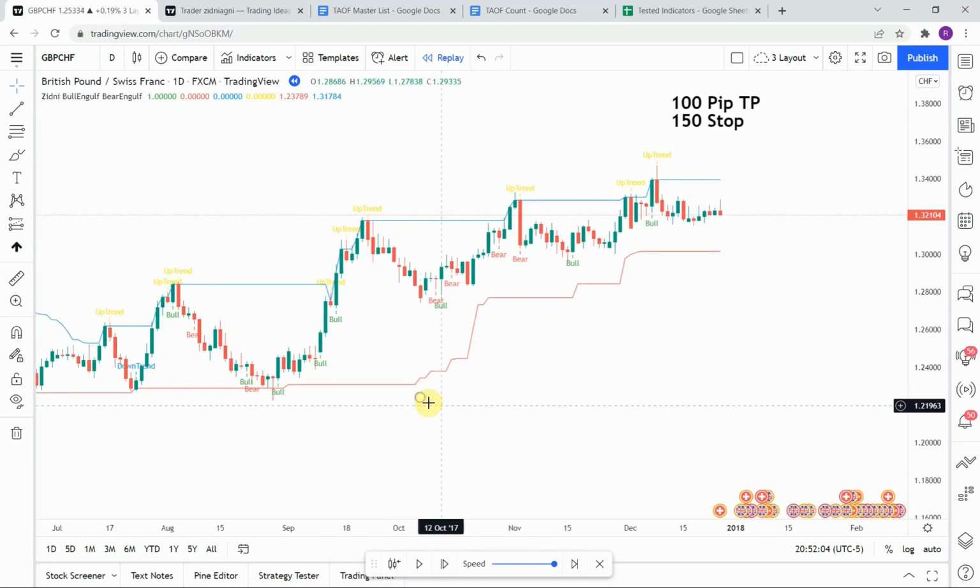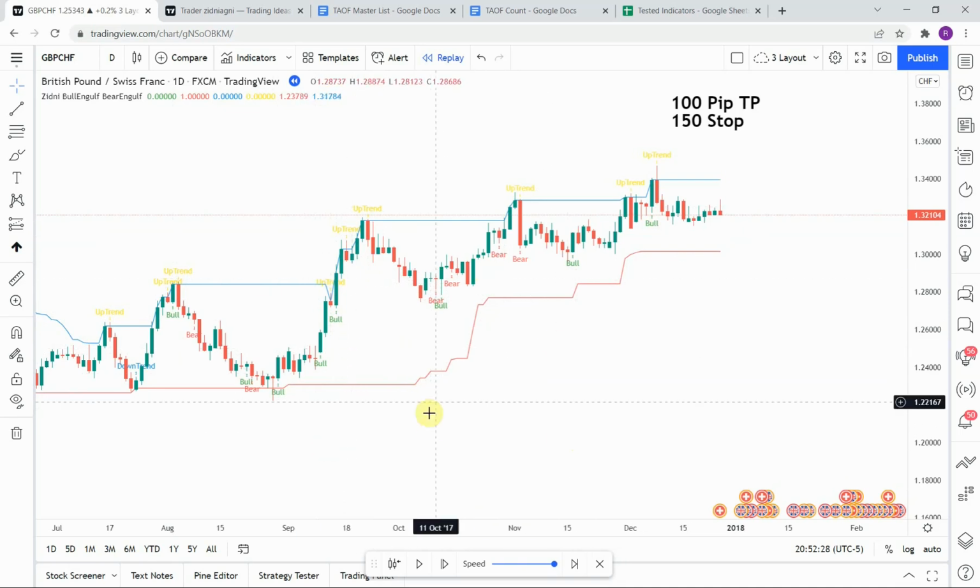When we get an uptrend signal or an uptrend label here, then we are looking for a bull signal, a bull label, to then appear at some point after that uptrend label has appeared.